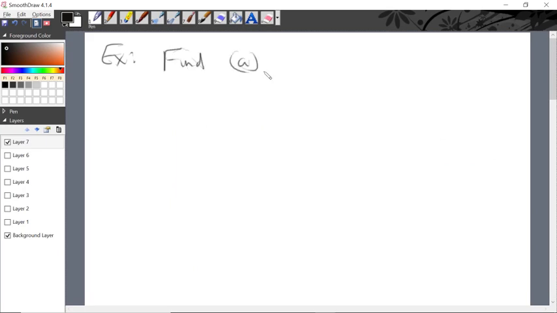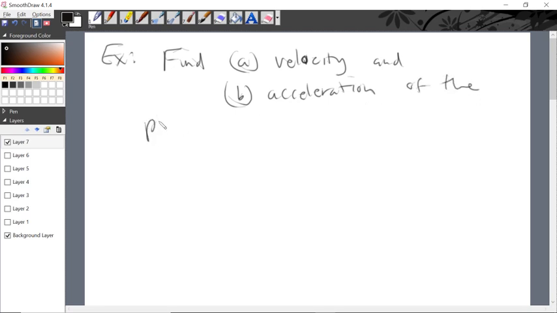Find, let's see, A, the velocity, and B, the acceleration, okay, of the particle. So I have a particle that's going to be moving along a function.